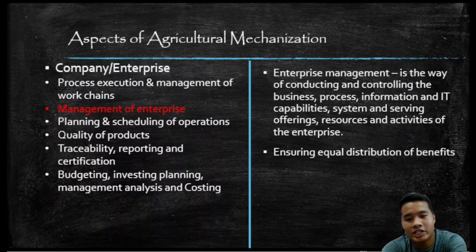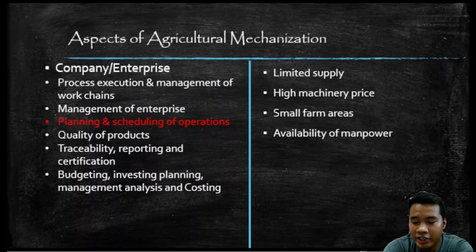Planning and scheduling operations is also very important because in a community, okay, not all of the farmers can afford to buy a machinery, for example. Okay, so the supply is limited, the demand is limited, so planning and scheduling is very important. Okay, another factor is high machinery price, small farm areas, and the availability of manpower.